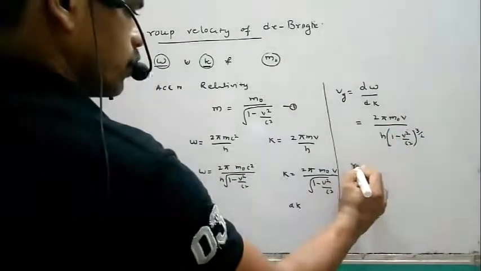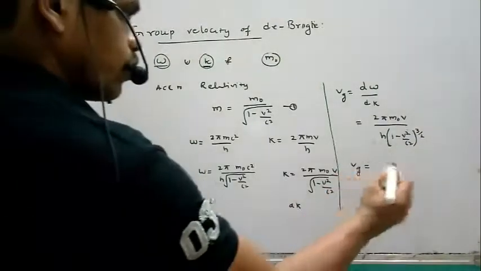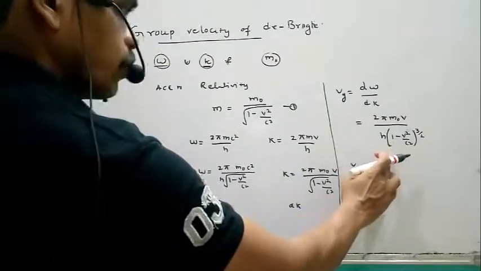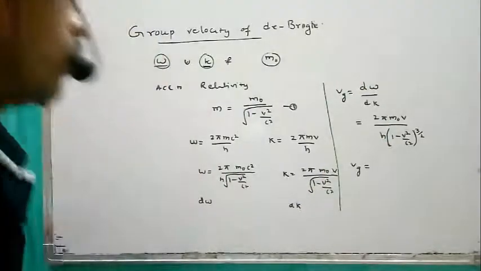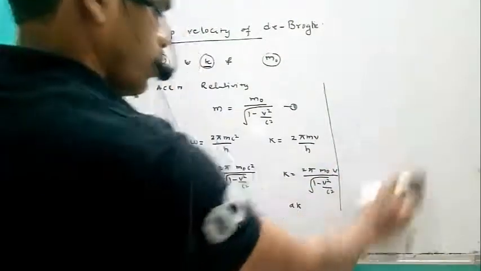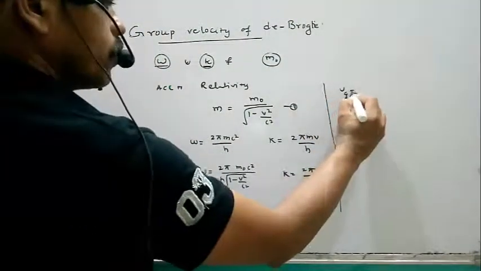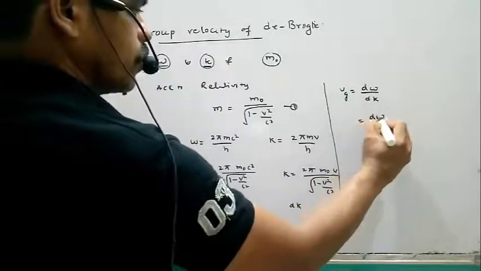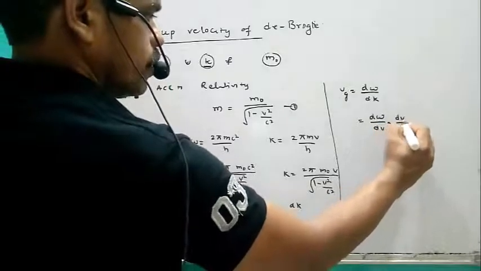Now Vg equal to d omega by dk. So d omega by dv, dv by dk.